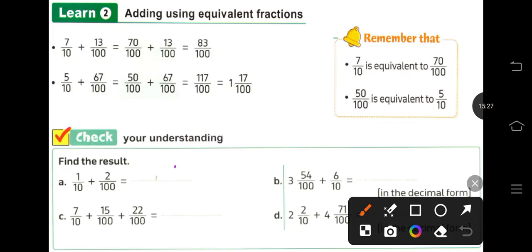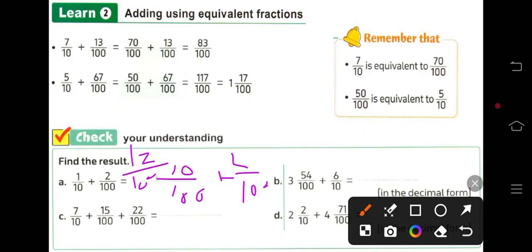Okay, it will be 10 over 100 plus 2 over 100, which is 12 over 100. I will convert it to 20 over 100 and add.